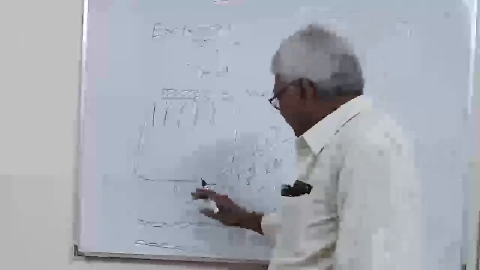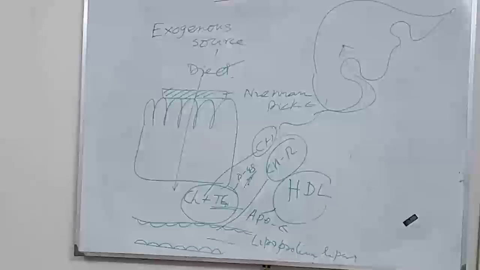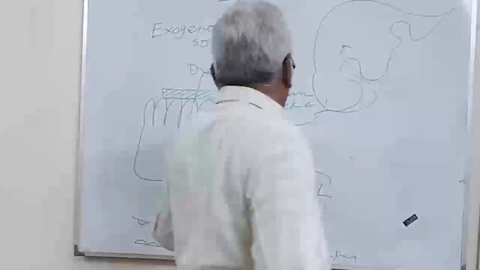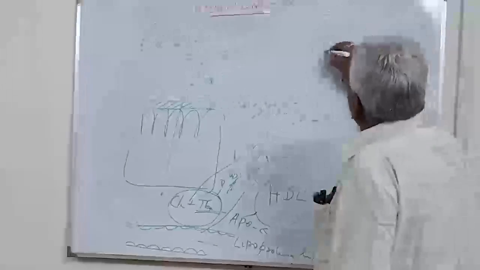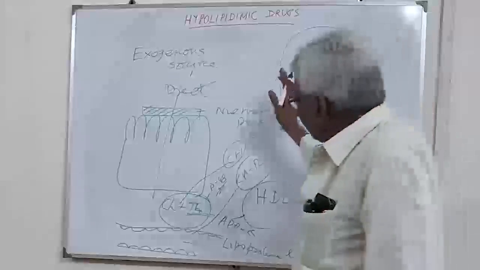The lipoprotein lipase breaks the triglyceride, and when this is broken, it produces energy, and that energy is required for different activities. The cholesterol becomes a chylomicron remnant, and the other cholesterol goes to the liver, and this is one of the sources of the cholesterol in the liver. So this fraction we call the exogenous pathway.